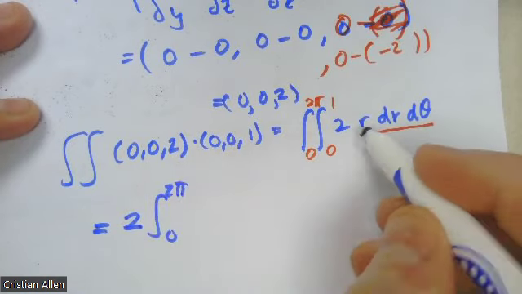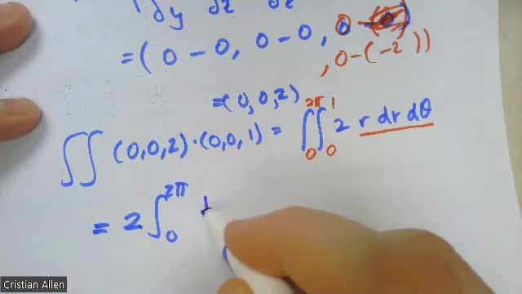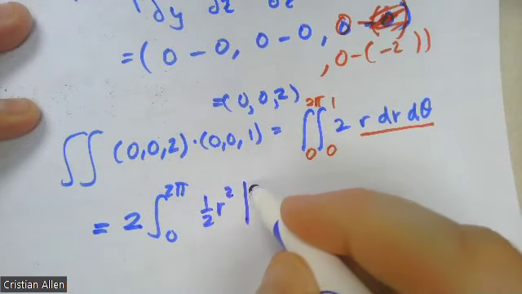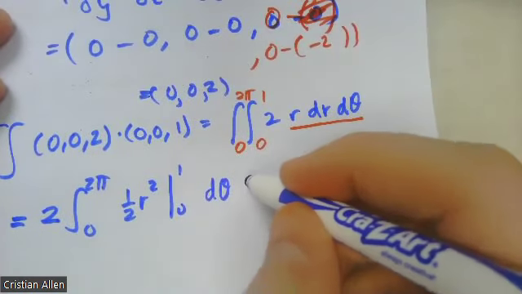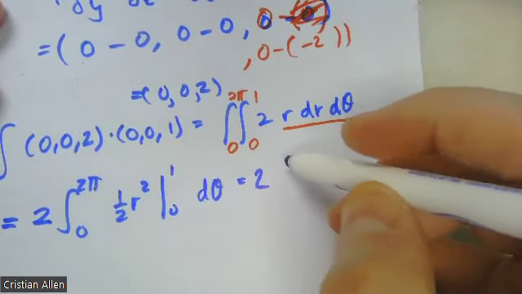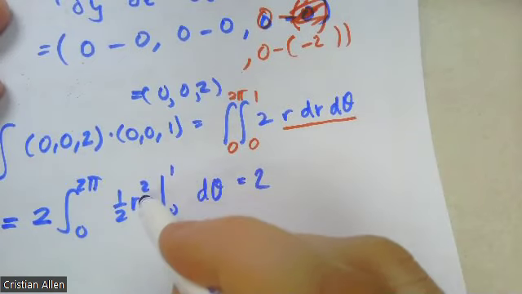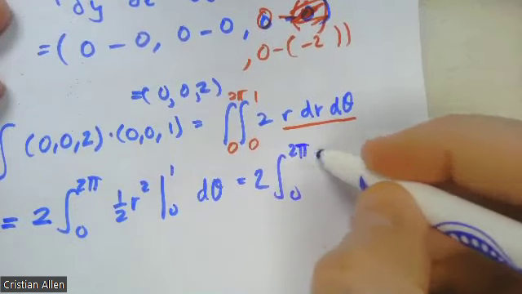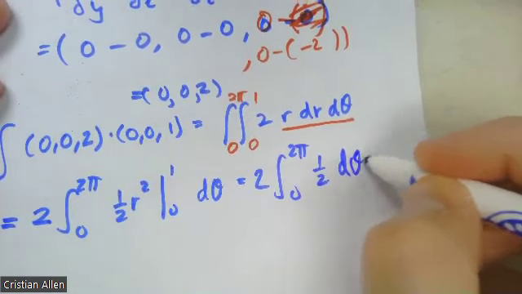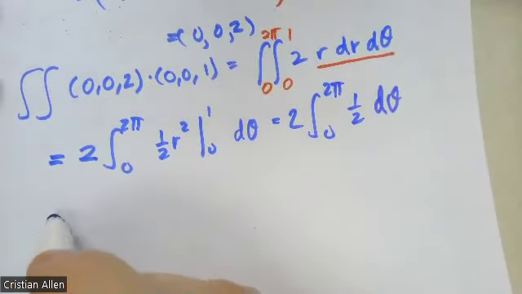And we have r, so we can go ahead and integrate that r and plug in 1 and 0. Okay, what do we get for this? We get 1/2. So we just get 1/2 there. Now we go ahead and integrate that.